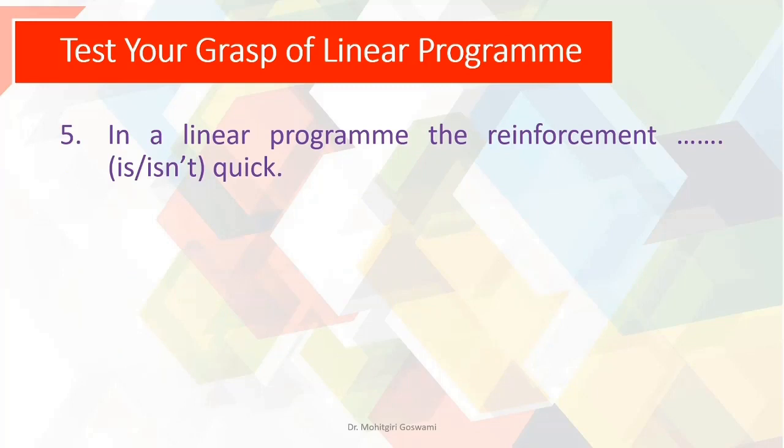The next is, in a linear program, the reinforcement blank quick. Yes, it is quick. As we have seen in an example that in the very first line of the second frame, the student will know the true answer of the above question, and that will work as reinforcement.